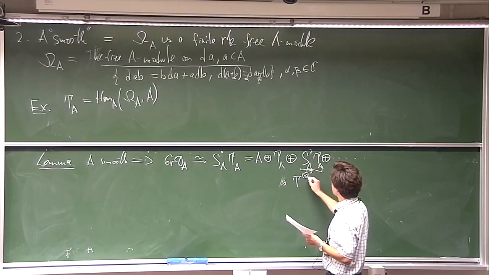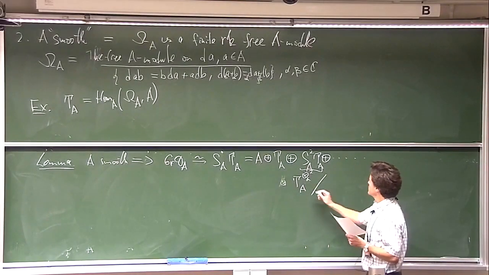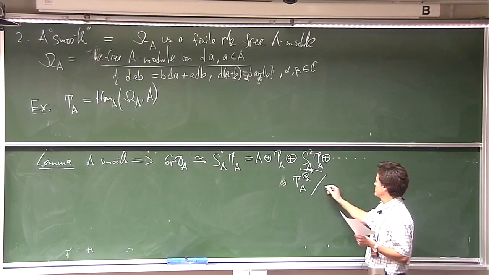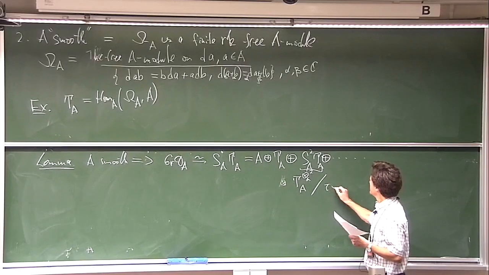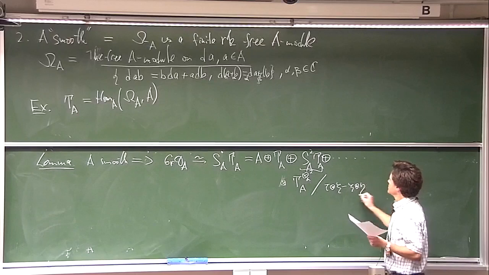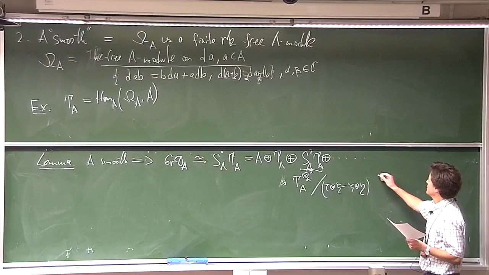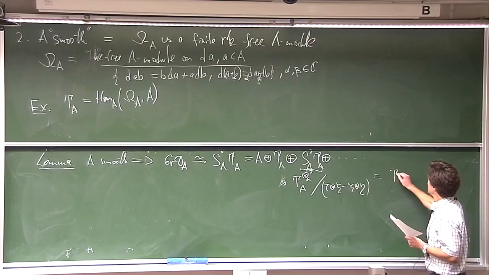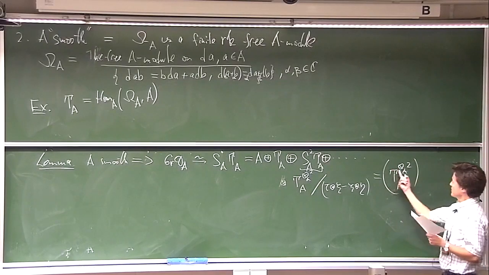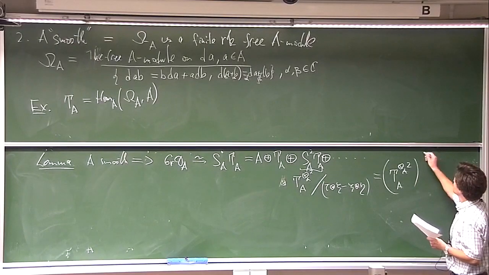So you quotient out elements like this. Or, since we're in characteristic 0, it's the same thing as taking the symmetric group on two symbols acting by swapping, and you take symmetric tensors.